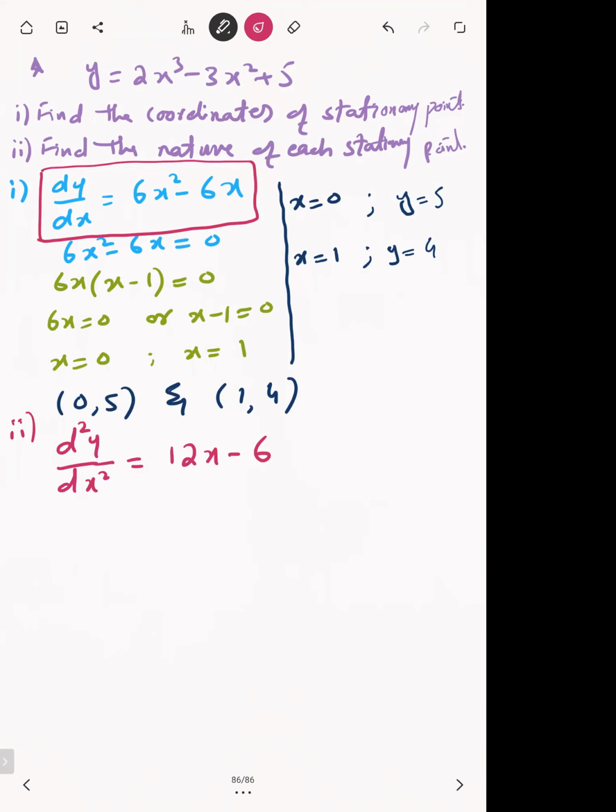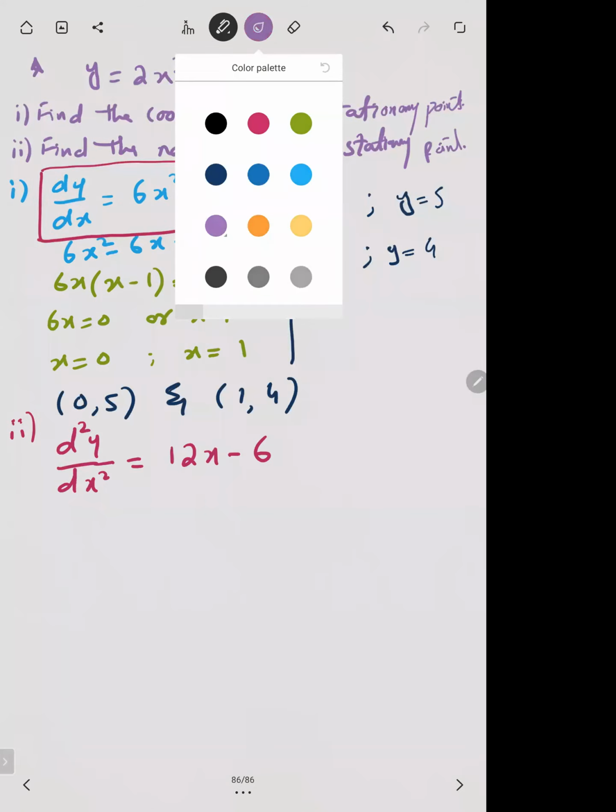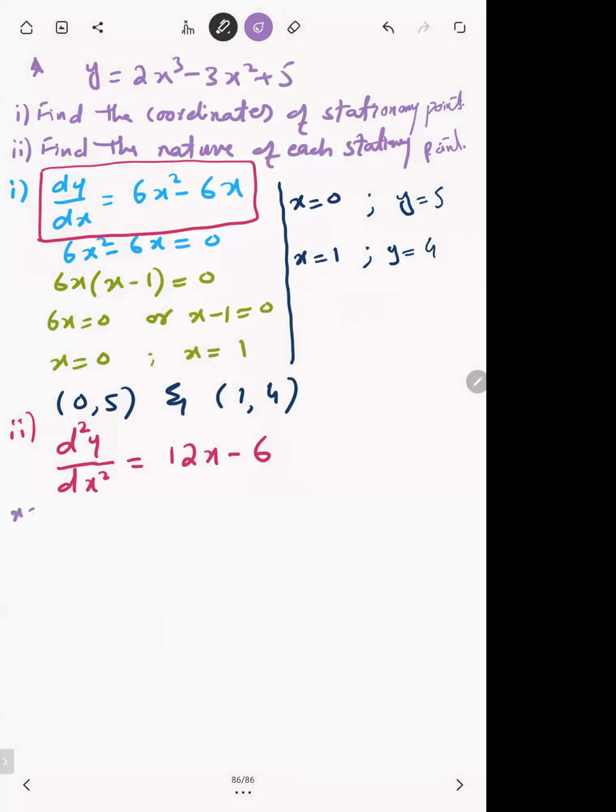Now we want to check the nature of each stationary point. First I'm going to check the nature for x is equal to 0. So put x is equal to 0 in the second derivative. d square y by dx square is equal to 12 into 0 minus 6. What are you getting?